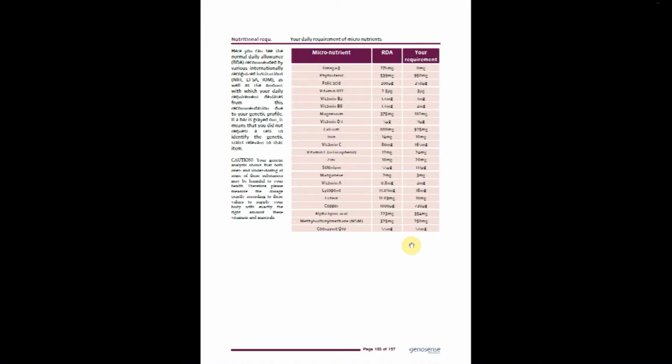So this table shows you the recommended daily allowance. Now there are some agencies that try to make recommendations that are applicable to everyone, men and women, children, babies, and they said a person should eat 200 micrograms of folic acid, applicable to everybody, and calcium 800 milligrams, and so on.